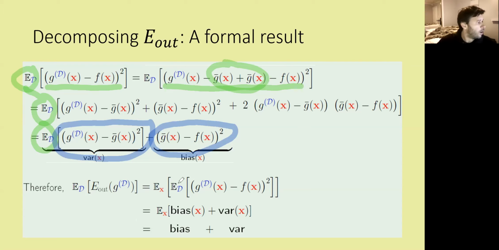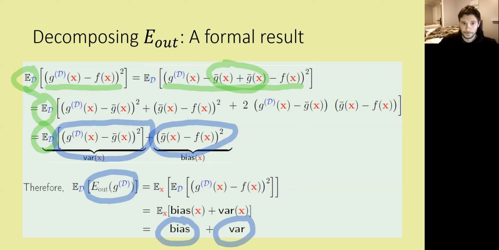Now, what you'll notice is through all this math, we're able to decompose the average out of sample error into these two features. We have the bias. Sometimes they refer to that as the bias squared, but I'm just going to call it the bias here. And we have the variance. Okay, and as you increase model complexity, it's easy to drive that bias down.